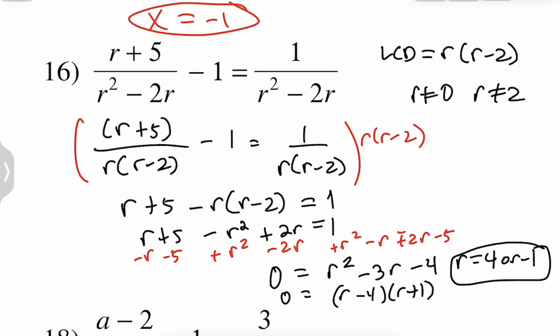I know I keep talking about that excluded value list. We haven't really had to use it, but don't think that that's something that doesn't happen. I just want to keep reminding you that that could be a thing. Okay, so that is problem 16, where we actually have two answers that make that equation true. So kind of weird when that happens.